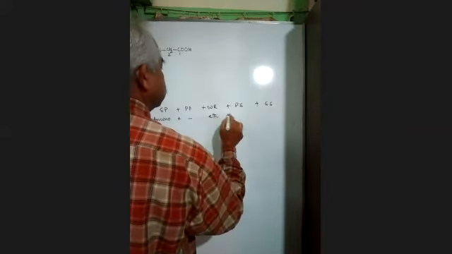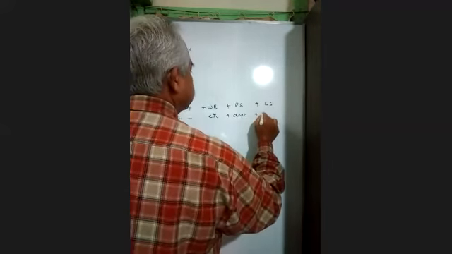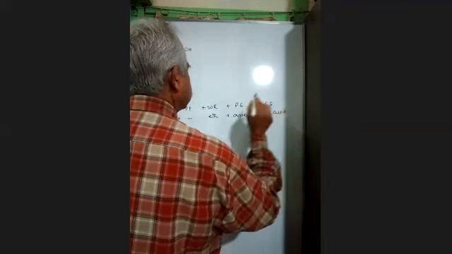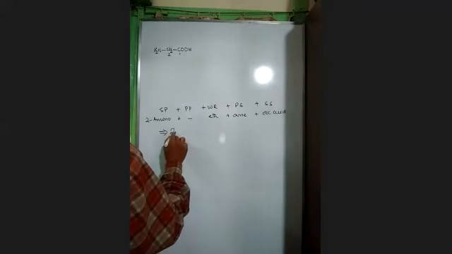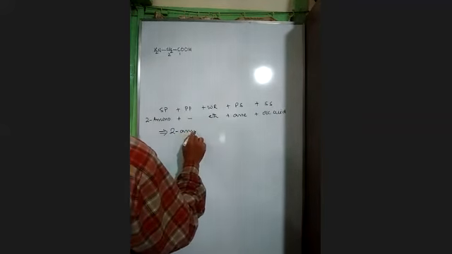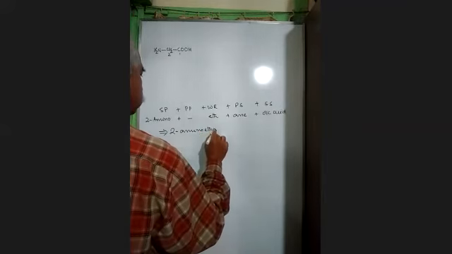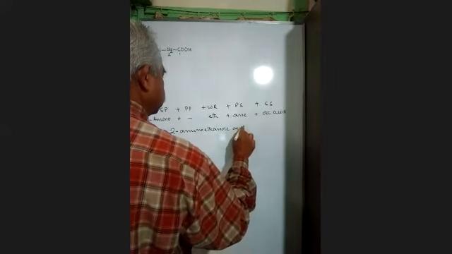Now this is what? Anoic, and this is called oic acid. So 2-amino ethanoic acid.